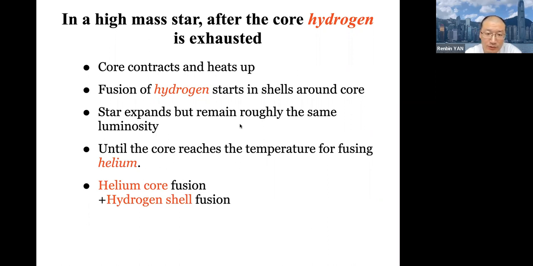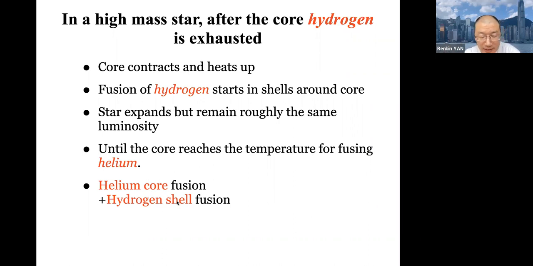This is a very similar process as before, but because the star is much more massive, the center part is actually not as dense as a star like our sun, so you don't have electron degeneracy pressure kicking in yet. So you can just peacefully start the helium core fusion, and then enter helium core fusion plus hydrogen shell fusion in a peaceful way without a helium flash, right?